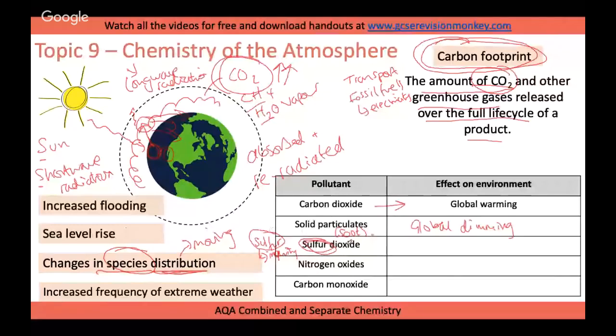So whenever you see sulfur, link to acid rain. And in fact, as well as sulfur dioxide, nitrogen oxides also cause acid rain. But these ones take place within a car engine.